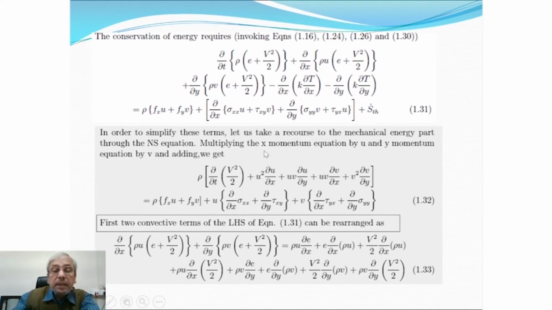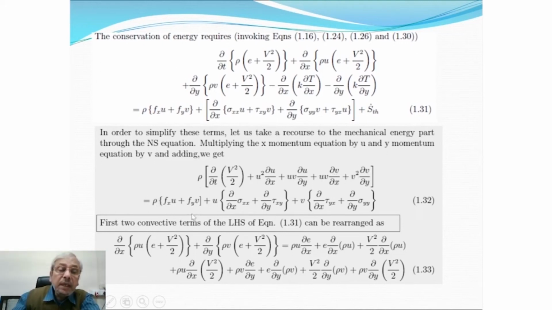You will get this equation, which is rho del del t of v square by 2. This comes from the temporal term. Then u square del u del x, uv del u del y, uv del v del x plus v square del v del y.